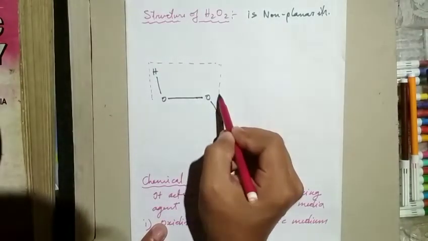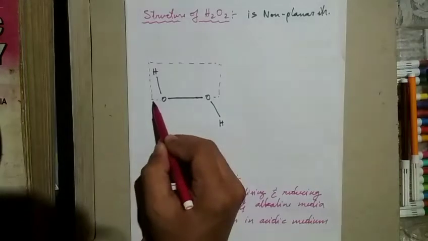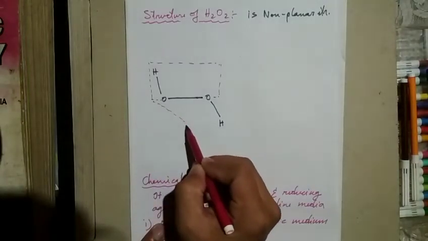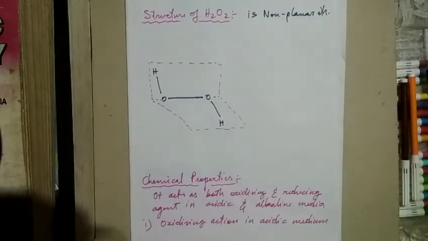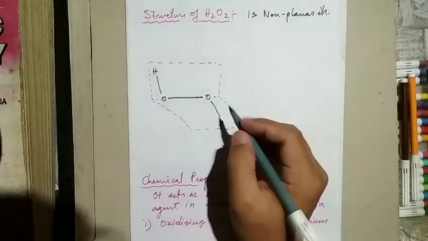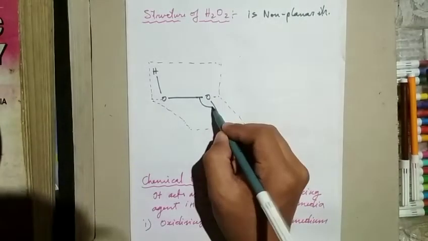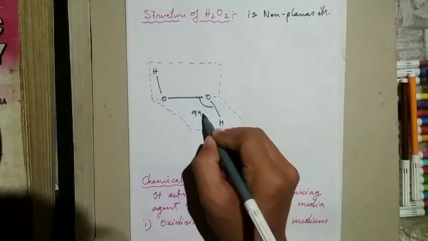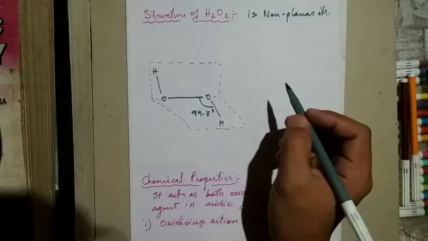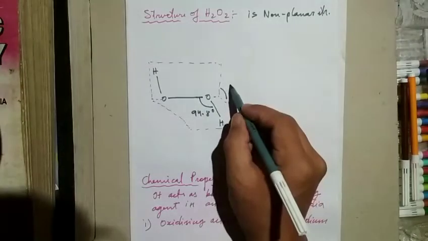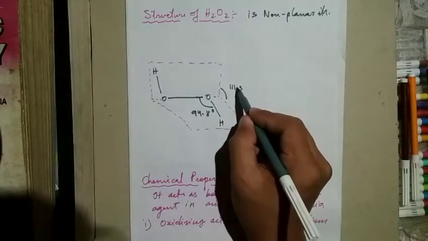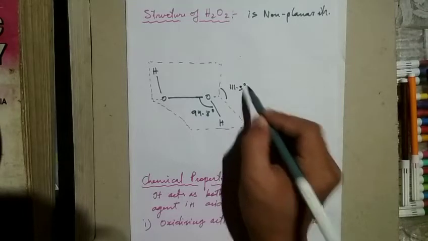So the structure looks like an open book. Please avoid my bad drawing. The bond angle here is 94.8 degrees, and the dihedral angle is 111.5 degrees.